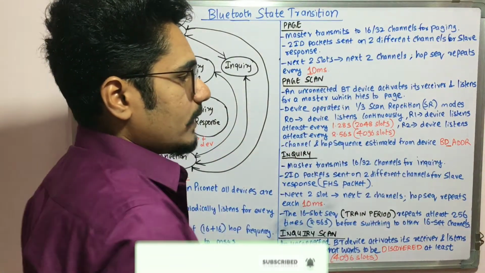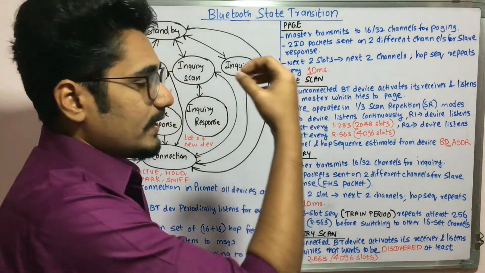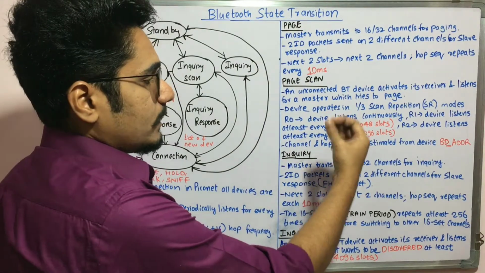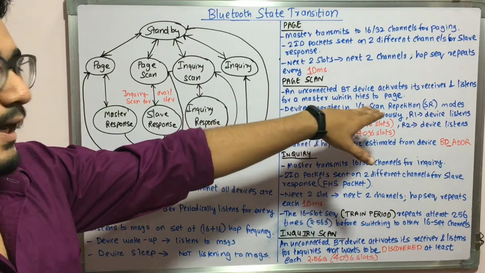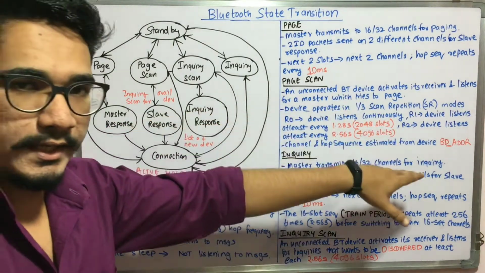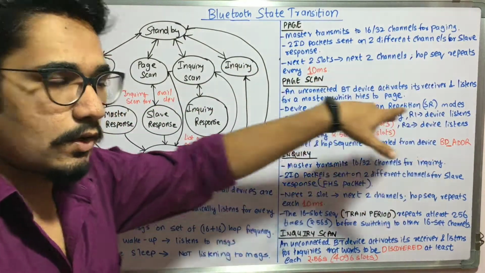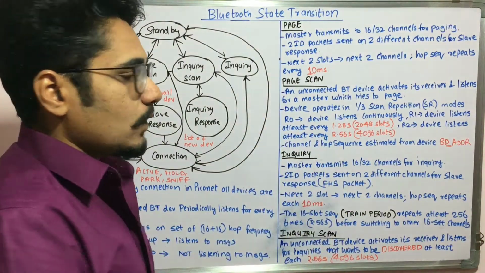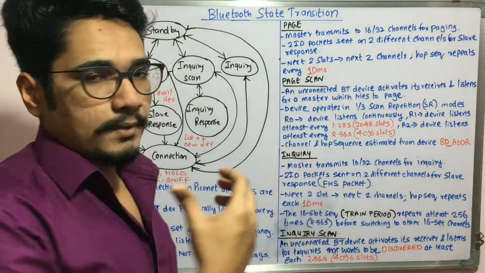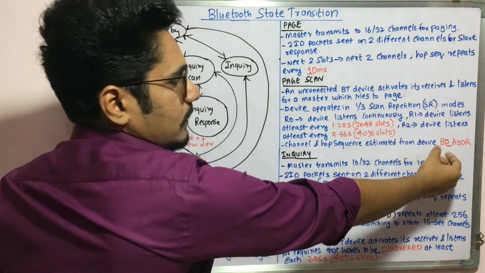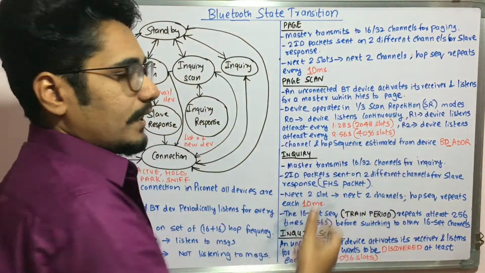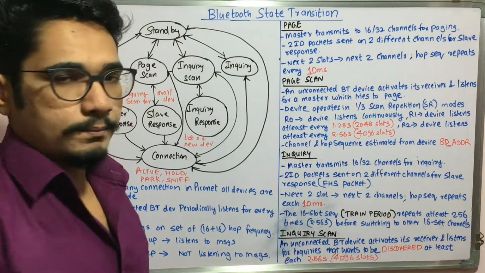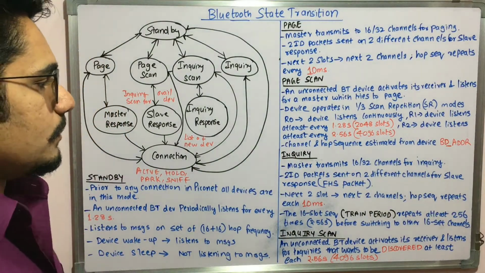And then R2, where the device listens at least every 2.56 seconds, that is 4096 slots. The device can exist in any one of these, R0, R1 or R2. Next, the channel and the hop sequence are estimated from the Bluetooth device address, written as BD_ADDR. From there you can estimate the channel and the hop sequence required for your transmission.